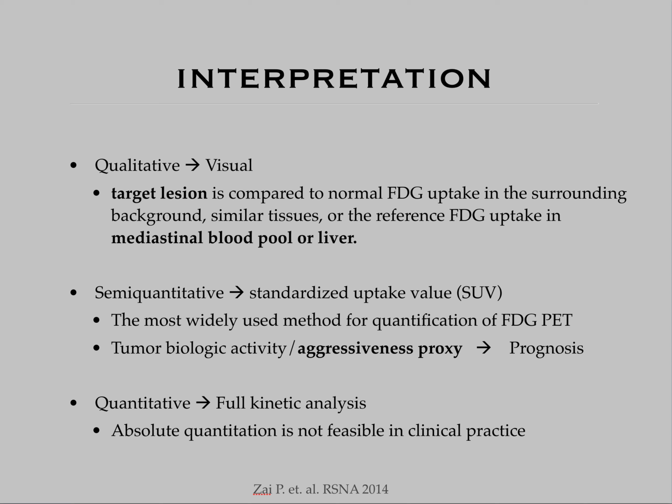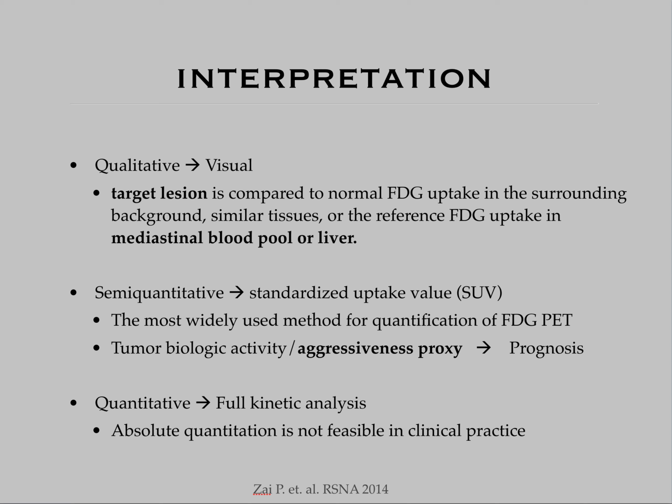PET-CT interpretation. In reality, most of the time we do visual or qualitative interpretation. We compare the target lesion to surrounding background, similar tissue, and the reference uptake in the mediastinal blood pool or liver. We can also perform a semi-quantitative evaluation, which is standardized uptake value or SUV, and this is the most widely used and reported method for quantification of FDG PET.